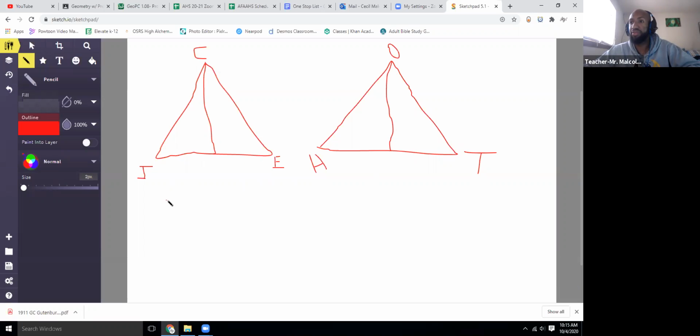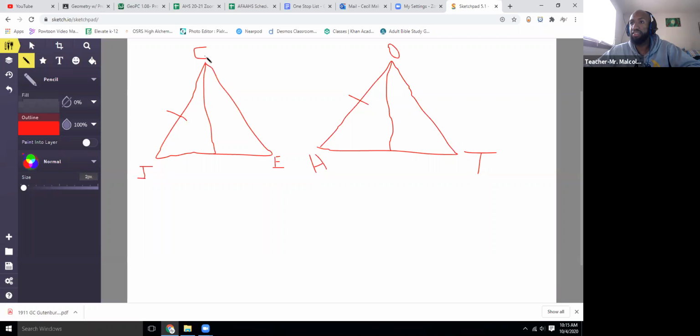If it tells you that IC is congruent to HO, then you must show that those two are congruent by drawing your hash marks.